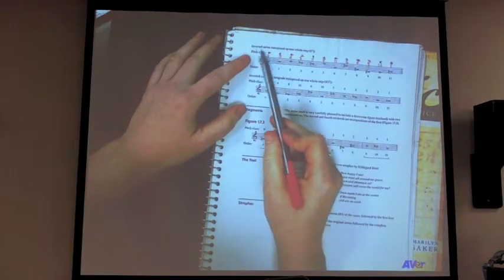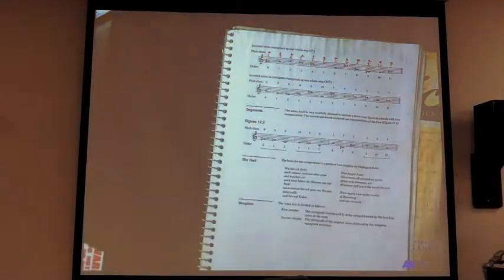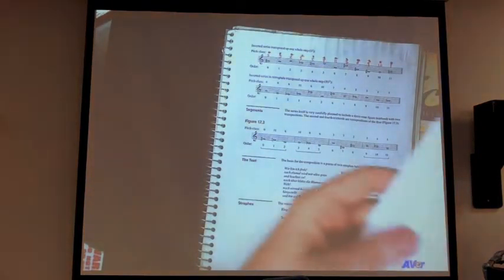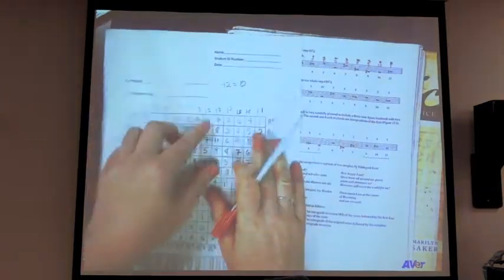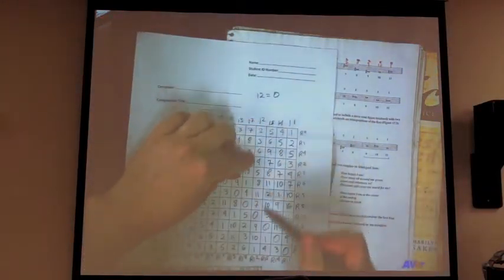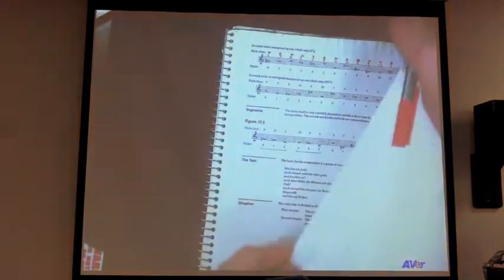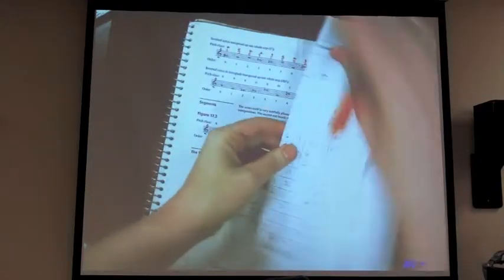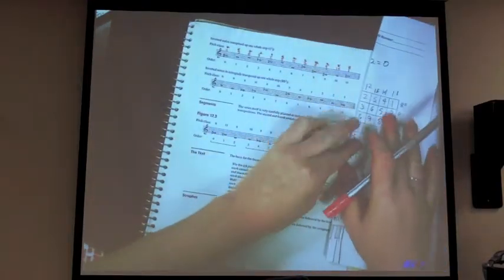So this is the inverted series, and this is the inversion for I2, so it should line up with this one right here. And if you look, it lines up perfectly, right?